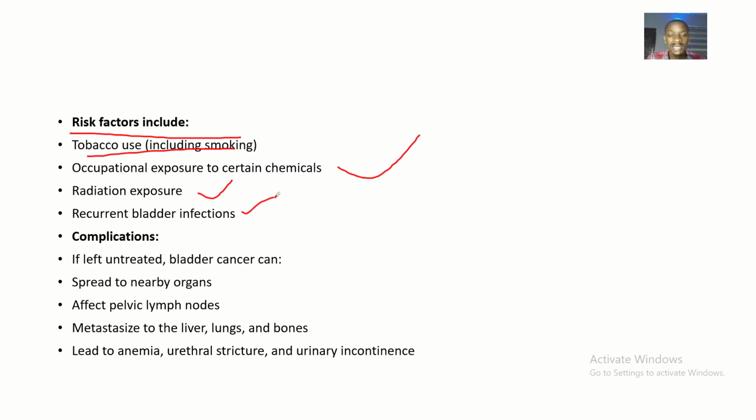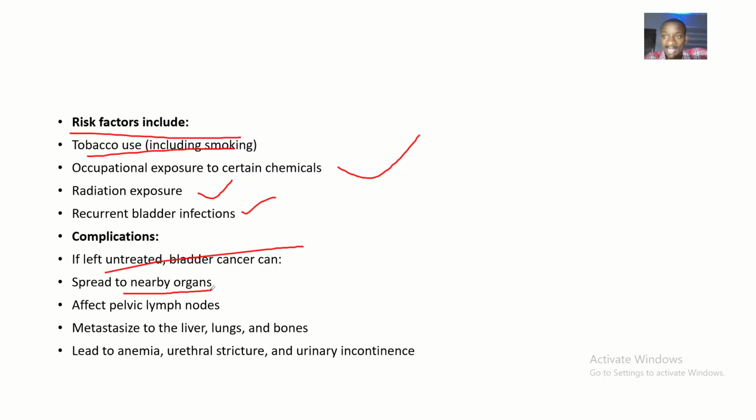Then recurrent bladder infections. If you're having so many bladder infections but you are not treating them, or not seeking the right medical attention, but rather taking shortcuts to get yourself healed, it can also result in cancer. Now, what are the complications? We said that if left untreated, bladder cancer can spread to nearby organs.